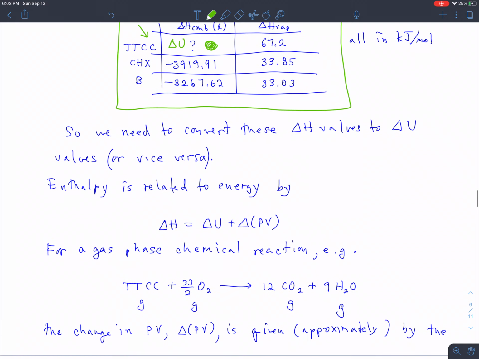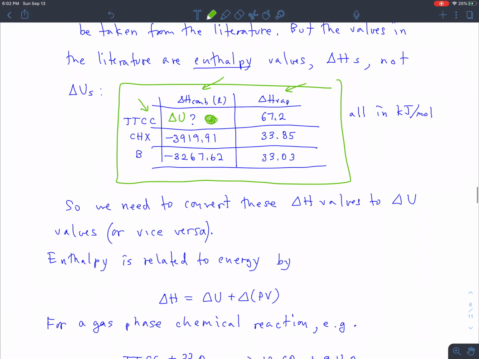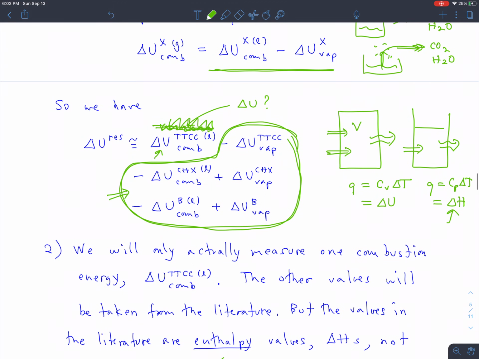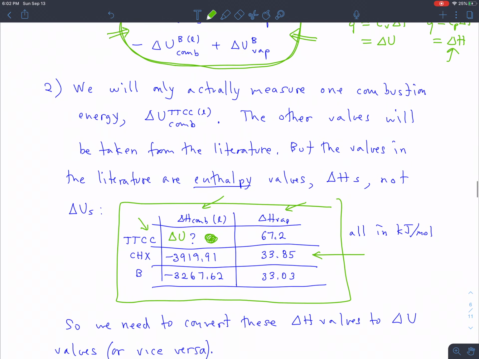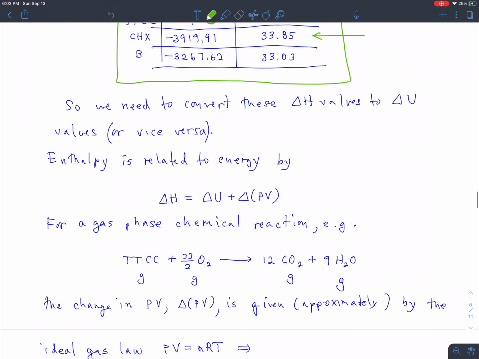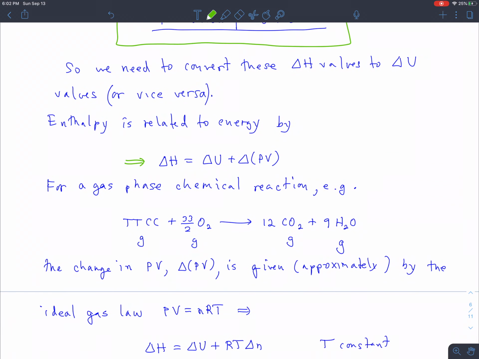In order to convert these delta H values into the delta U values that we need for up here, we're going to assume that all the gases that are produced in the course of the combustion reactions are ideal gases. The delta H value that we have in the literature is delta U plus delta PV, but if the ideal gas law holds, then PV is equal to nRT.